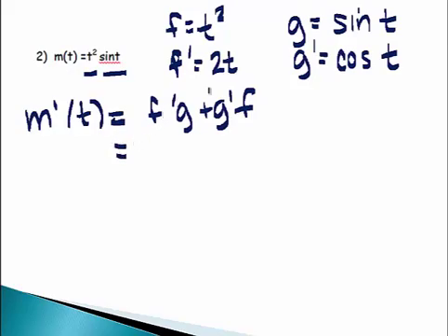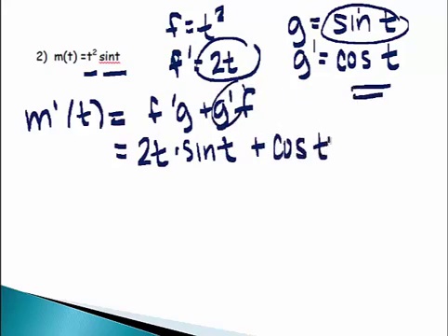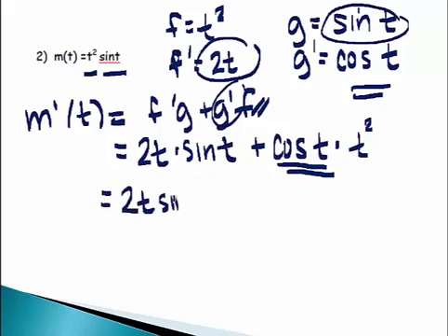So f prime is right here times your g, which is right here, plus your g prime times your f. Okay, now be careful here. Don't think that this is t cubed. Remember, this is one whole unit. You can't take that t away from the cosine. So I'm going to write it this way. 2t sine t plus t squared cosine t.